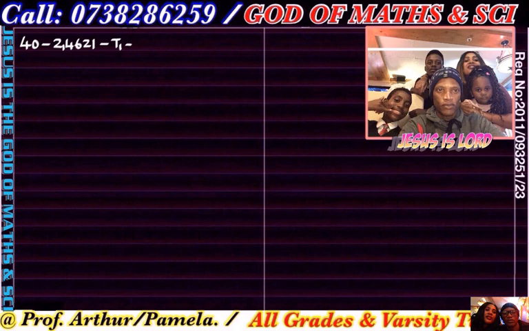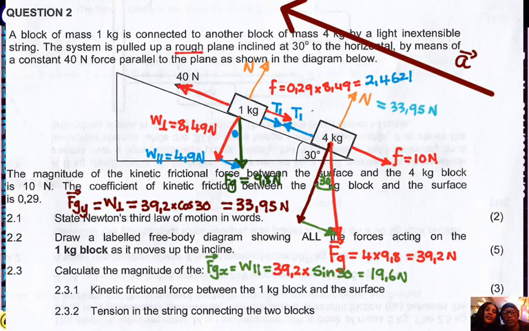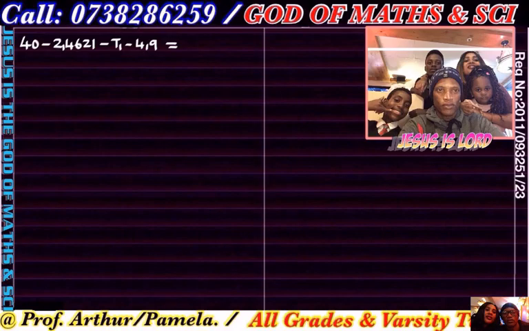So minus 4.9. All of that, by now we know, stands for F net. It must be equal to M A. We already know what the mass is, 1 times the acceleration. I can just put it as A or put a 1 there, but no need to.